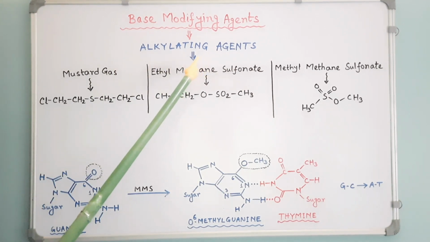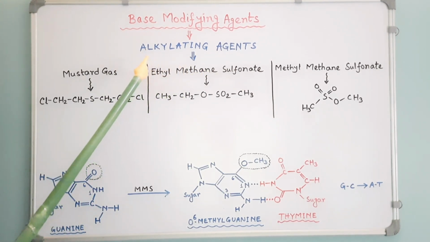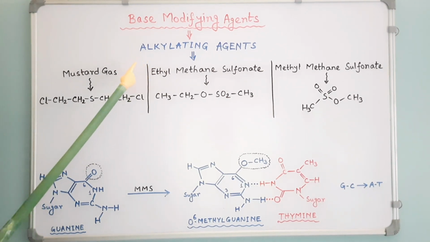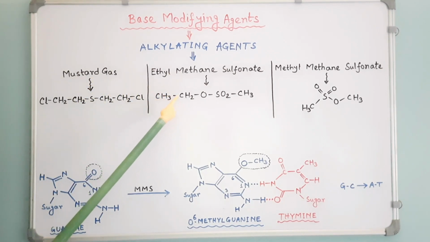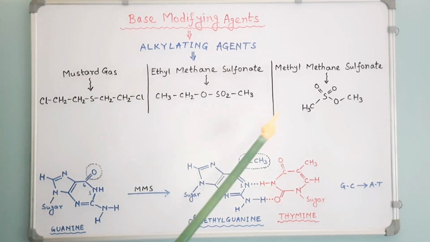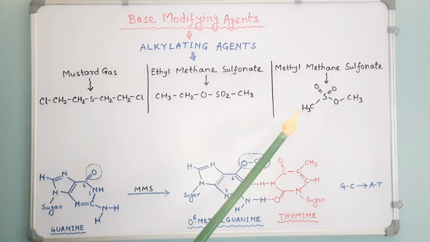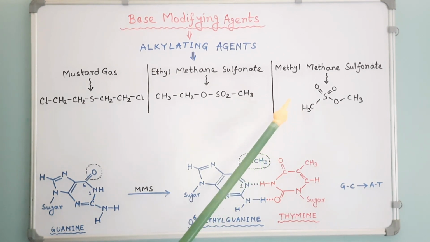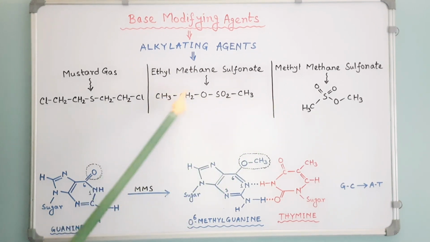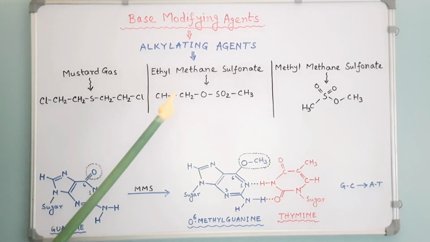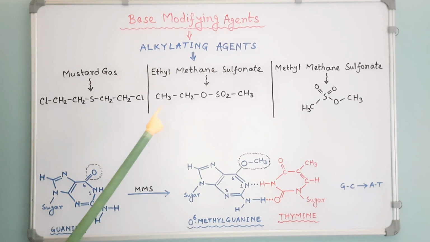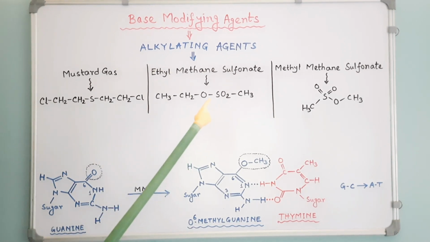Alkylating agents. Alkylating agents are chemicals that donate alkyl groups to other molecules. They include mustard gas, ethyl methane sulfonate or EMS, methyl methane sulfonate or MMS, etc. Alkylating agents induce all types of mutations, including transitions, transversions, frame shifts, and even chromosome aberrations.